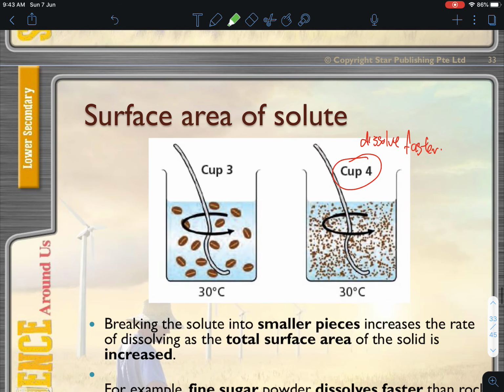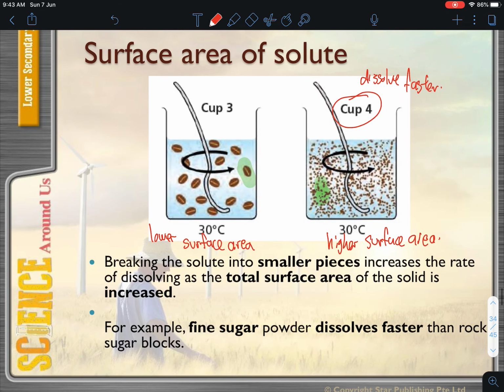For over here, it's the size of the particles. Cup 3 has a lower surface area, and over here it has a higher surface area, and therefore it dissolves faster.